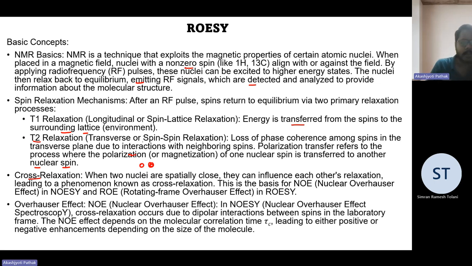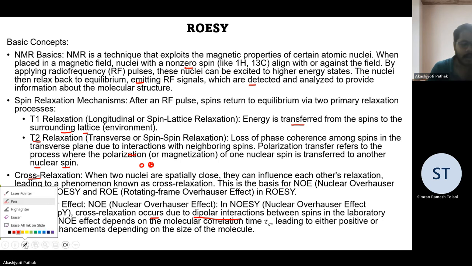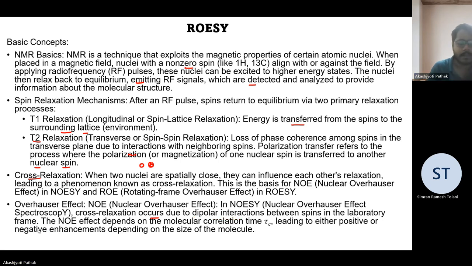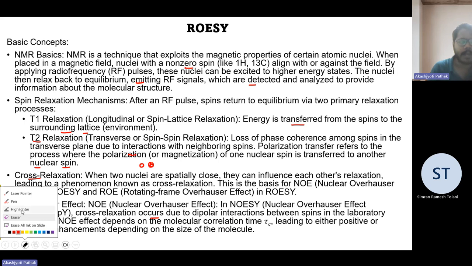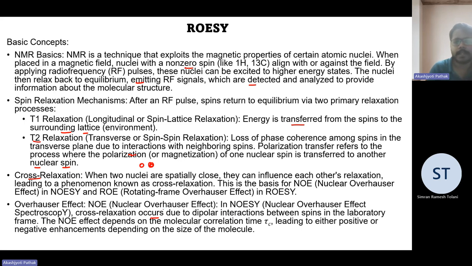So what is this Overhauser effect? In NOESY, or nuclear Overhauser effect spectroscopy, cross relaxation occurs due to dipolar interactions. This we have already seen. So due to the dipolar interactions between the spins, we see this nuclear Overhauser effect.